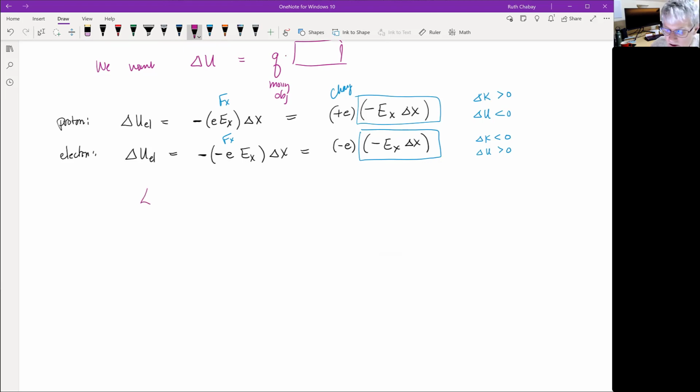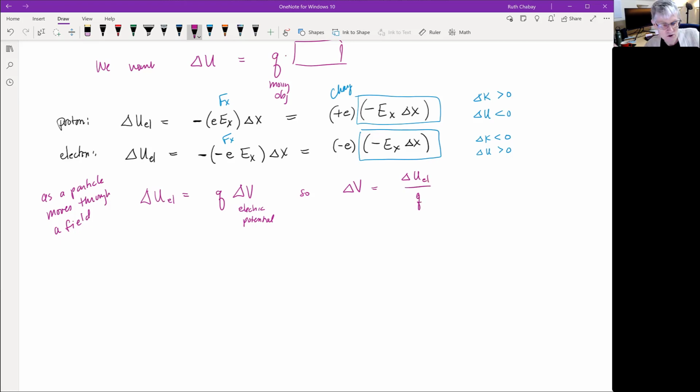If we want to write the change in electric potential energy as a particle moves through a field, the change in electric potential energy is going to be the charge of the particle, which could be, in this case, plus e or minus e, times delta V. And I know my handwriting isn't great, but I am trying to make the V look different from the U. So delta V is going to be the change in electric potential energy divided by the charge of the particle that moves.